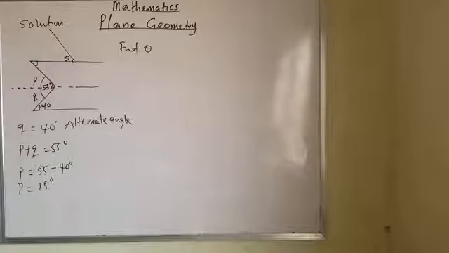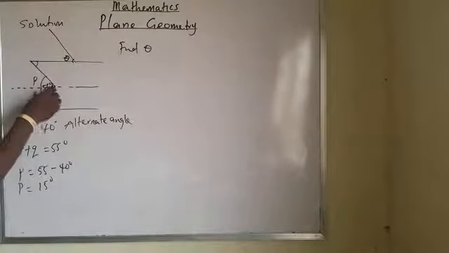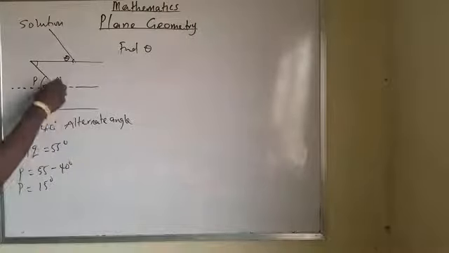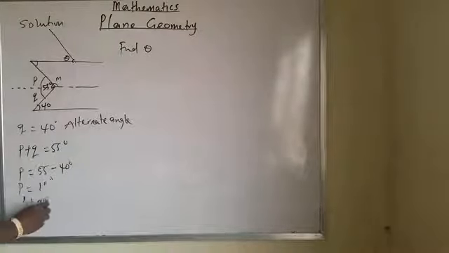It means my D and this are alternate. I can call this place this and this. Do you know that I can have the angle here? It means P plus M equals 180, angle on a straight line.